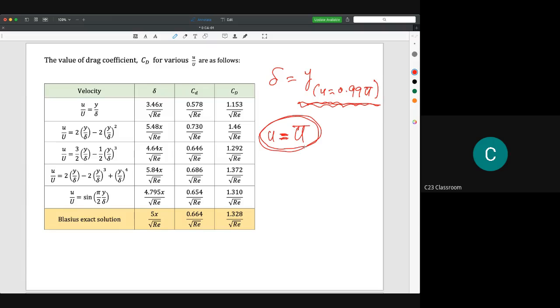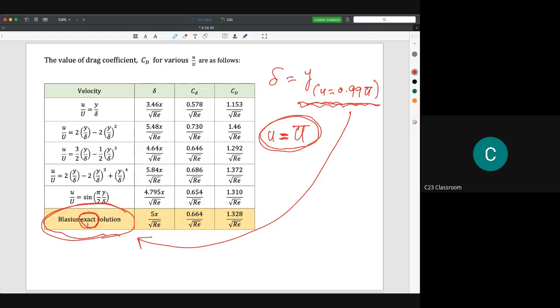Okay, but Blasius uses the Navier-Stokes equation, then it takes this ratio precisely. So in Blasius solution, Blasius takes 99%. It does not take 100% like von Karman. That's why Blasius solution is called an exact solution, because it takes 99%.